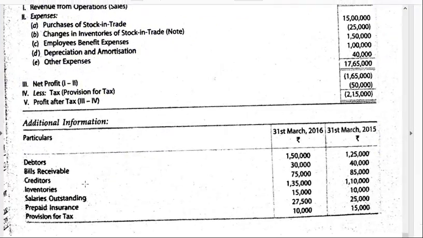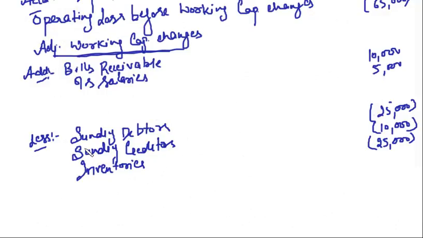Next, prepaid insurance. It is a current asset. Our current asset has increased from 25,000 to 27,500. There is an increase of 2,500. So we will subtract, because our current asset is increasing and increase in current asset is subtracted, current assets move in opposite direction. Clear?